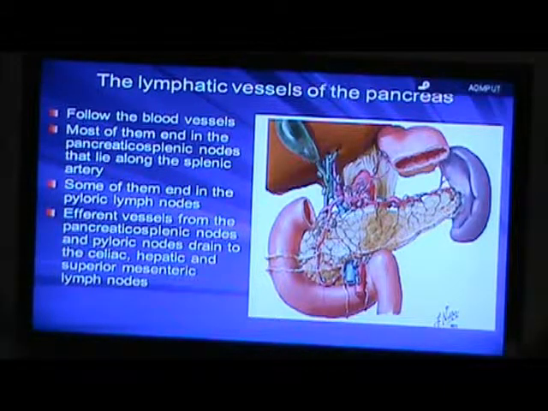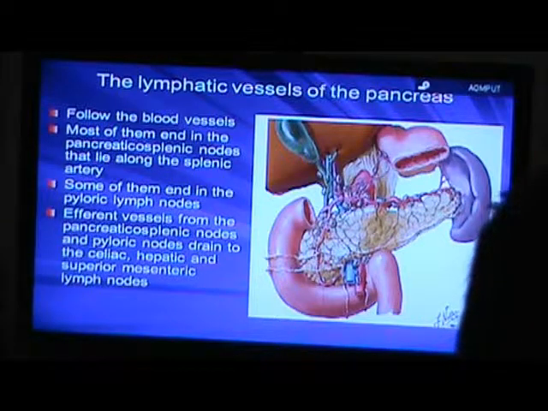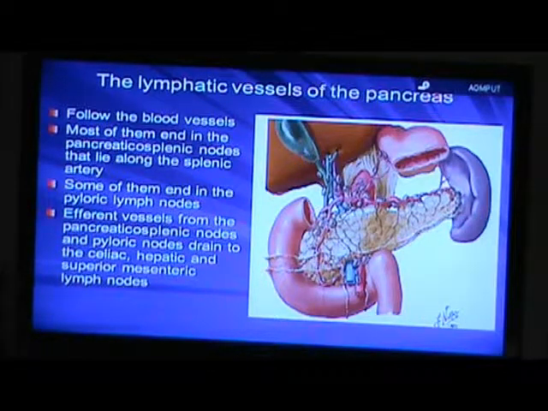Lymphatic vessels of the pancreas follow the blood vessels. Most of them end in the pancreatico-splenic lymph nodes that lie along the splenic artery. Some of them end in the pyloric lymph nodes, which are located close to the pylorus.